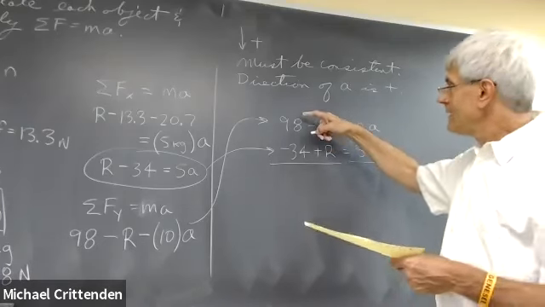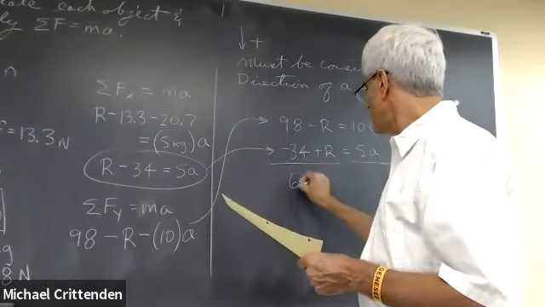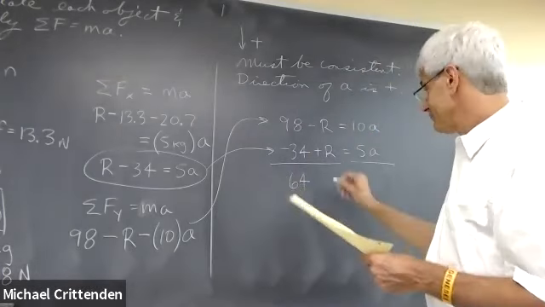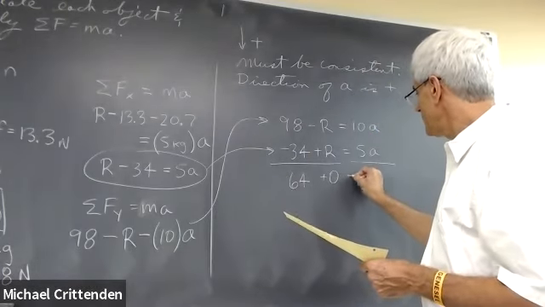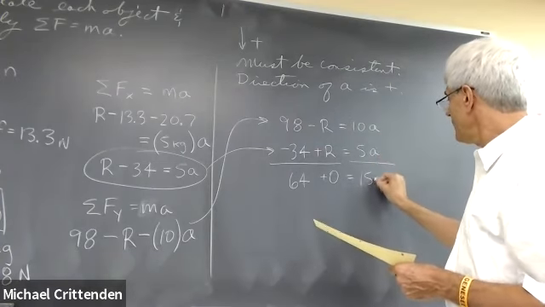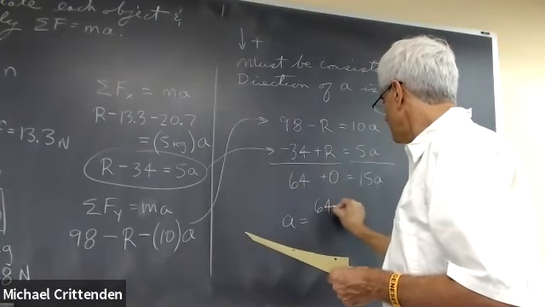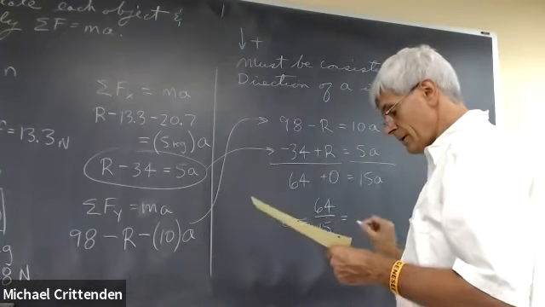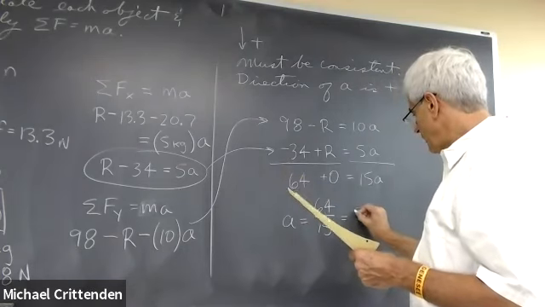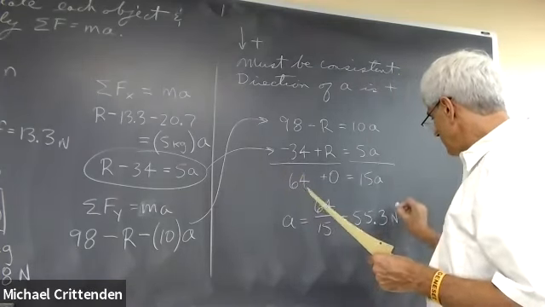You're going to have 98 minus 34 equals 64, plus 0 if you feel the need to write that down. 10A and 5A is 15A. So the acceleration is 64 divided by 15, which is 55.3 newtons.